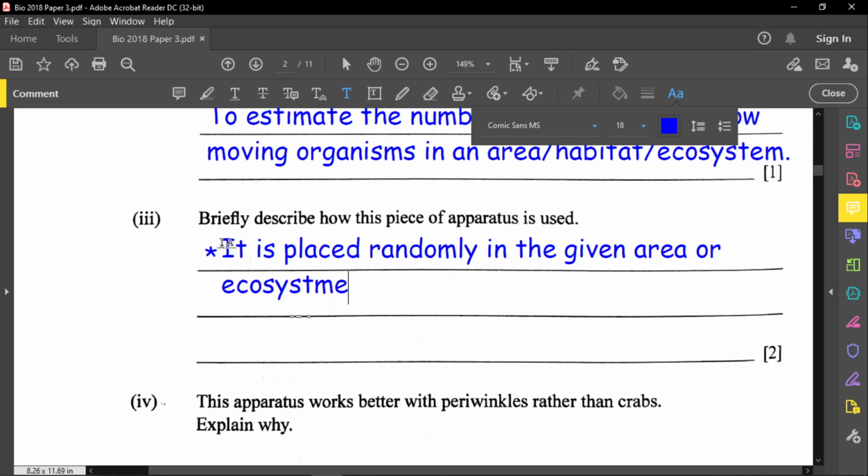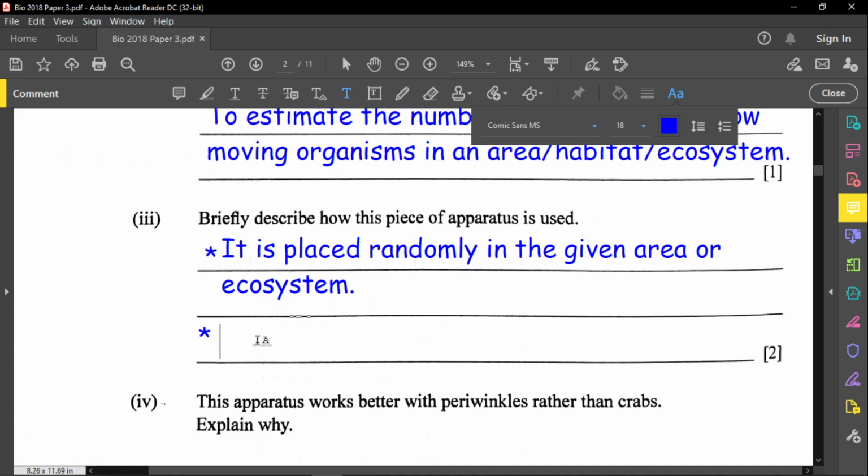And of course, it's best to do it randomly because you get a better count, or at least a more reliable type of survey. It's used as a survey to count the number of organisms in that population.